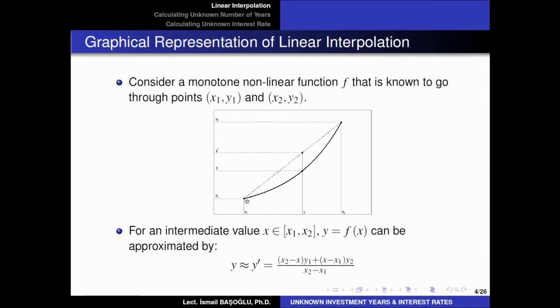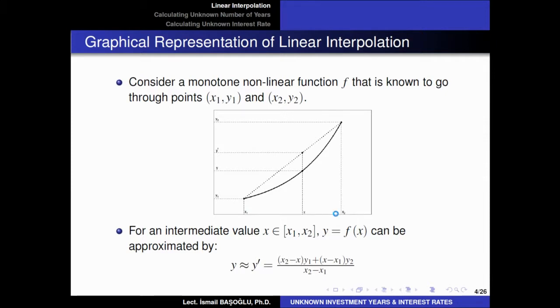So suppose that you have a monotone nonlinear function f. This black thick line is your monotone nonlinear function. And you know that it gives the value y1 for the input x1 and the value y2 for the input x2.